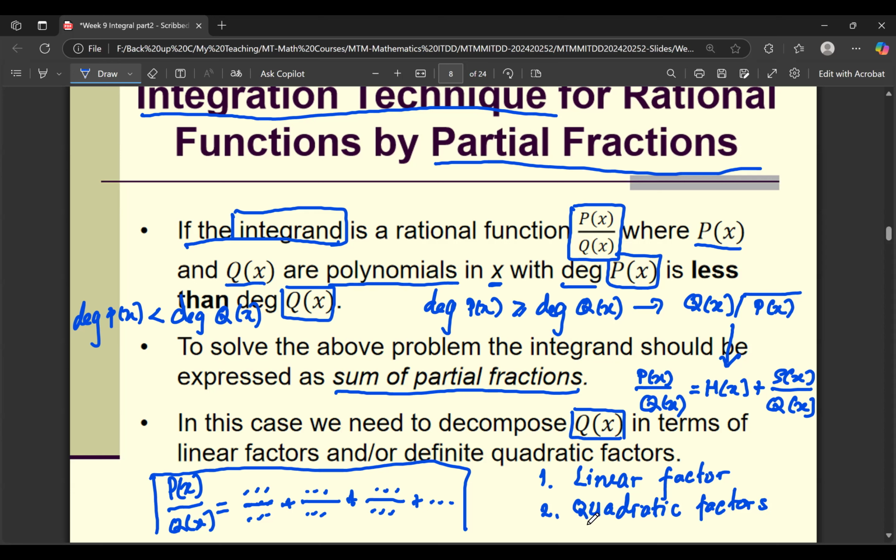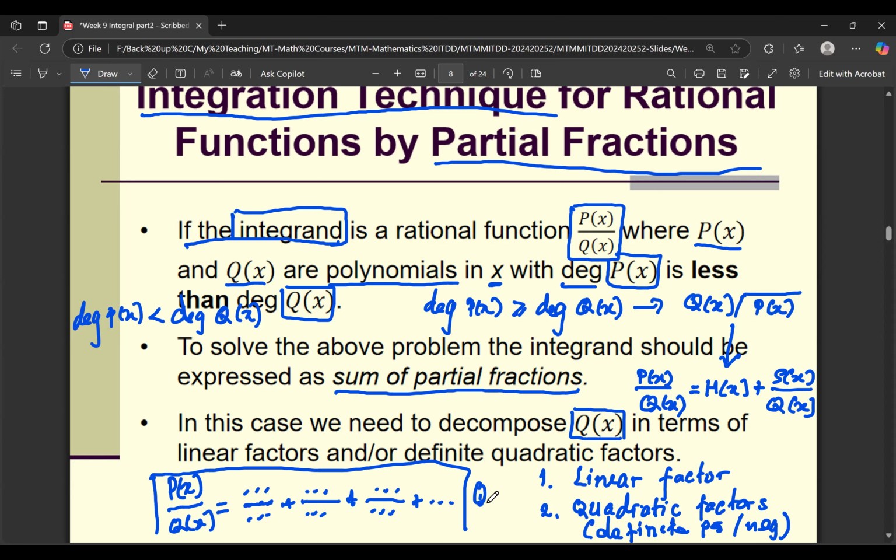In this case, they must be defined positive or negative.